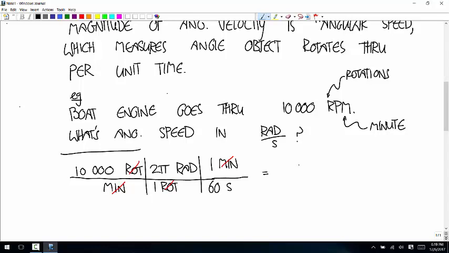And so we get 20,000 times pi divided by 60 radians per second. And that is about 1,000, right? A little over 1,000. Can someone divide that?